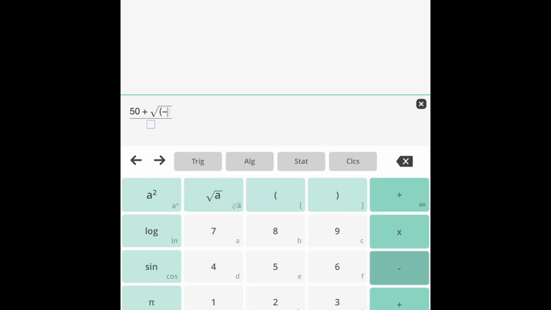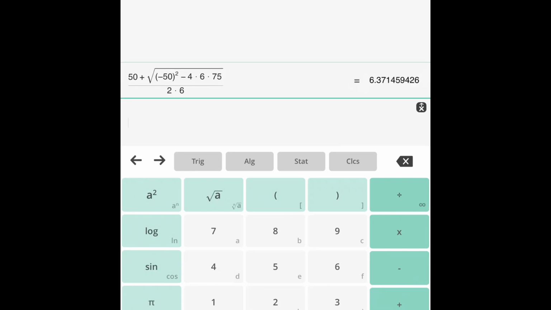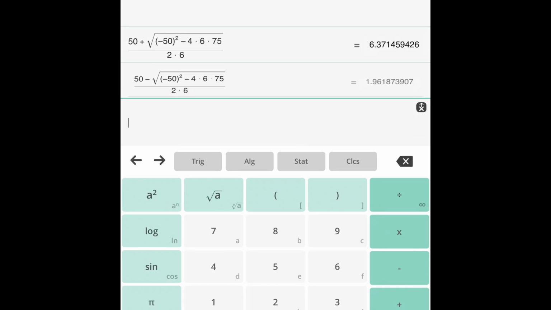So if I do that, this will be 50 plus the square root of negative 50 squared minus 4 times 6 times 75, all over 2 times 6. And when we do that, we get 6.37, which is too big, right?